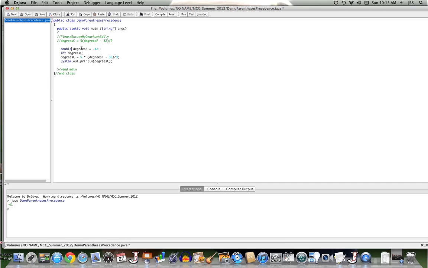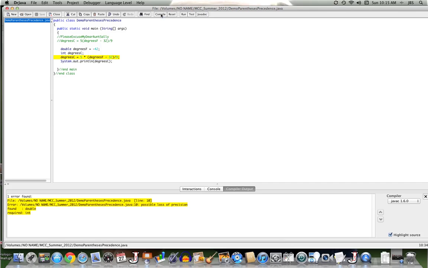So I've declared degrees F to be a double, and I'll compile, but I get yelled at. And I get yelled at because degrees C remains an int. This will return back a double because I've got a double minus an int times an int divided by an int. I'm going to get back a double. And I can't put a double into an int space.